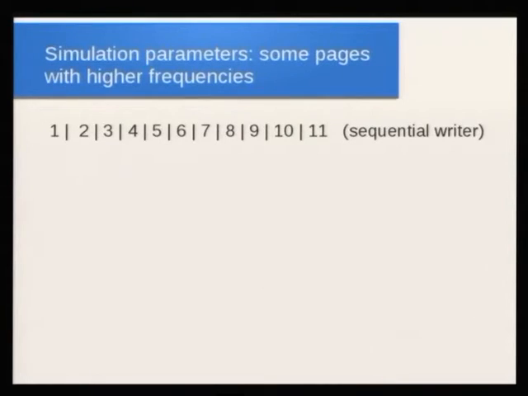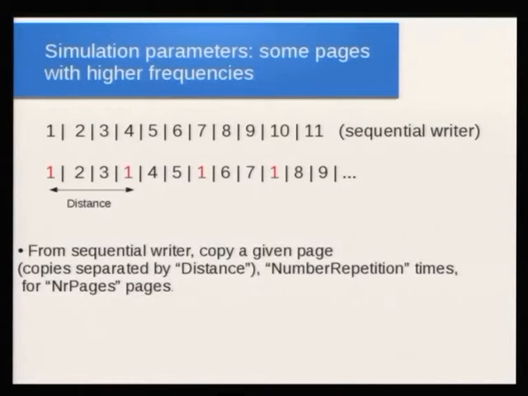And so we start with a sequential writer, but then we want to simulate some pages having higher frequencies. So I wrote a Python script that, from that sequence, has a few parameters. One of them is distance.